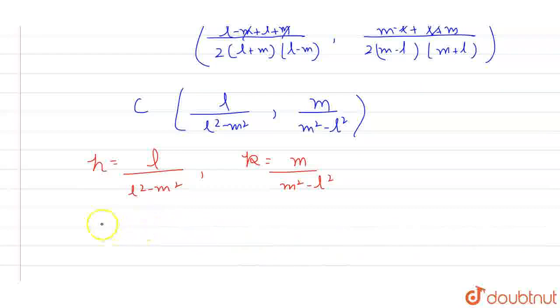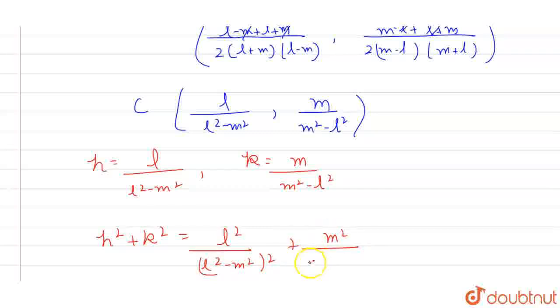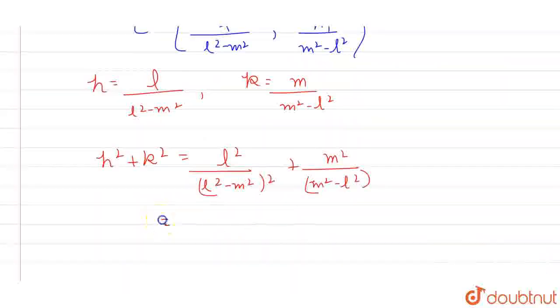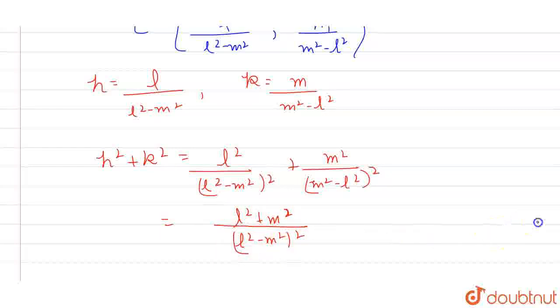Now if I do h square plus k square, I'll get l square by l square minus m square whole square, plus m square by m square minus l square whole square. As both denominators are squares, we can write them in either format. So I can write it as l square plus m square over l square minus m square whole square.